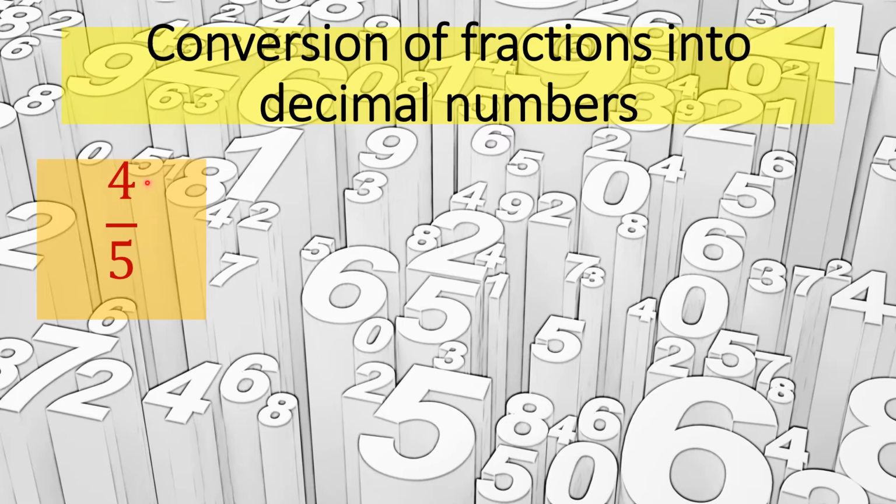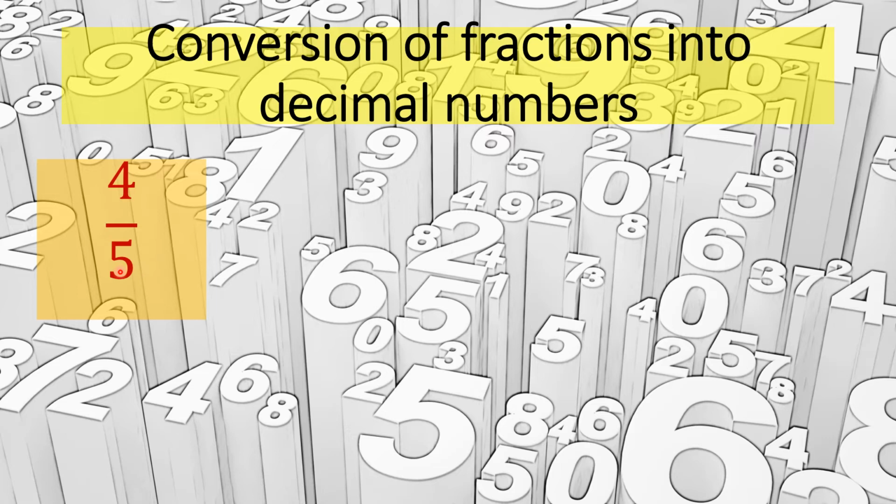At first, we will convert this fraction into a decimal fraction. It means we will make this denominator 10, 100 or 1000. So here is 5. Which number do we need to multiply so that this 5 will be 10? Yes, we can multiply by 2.